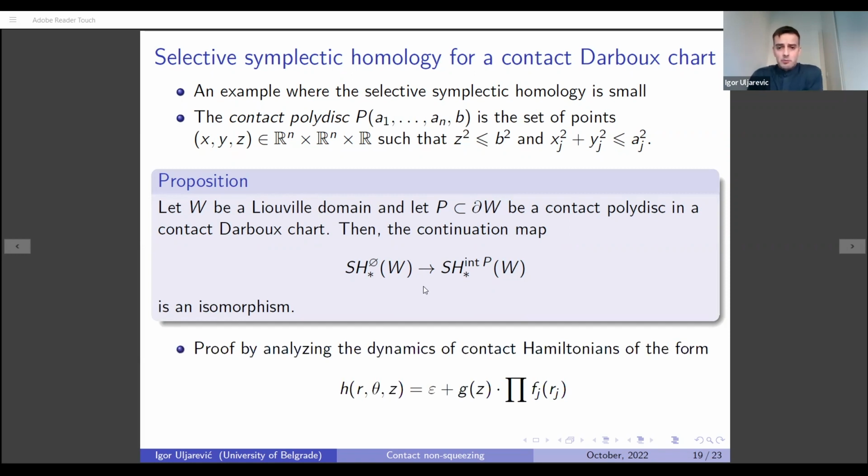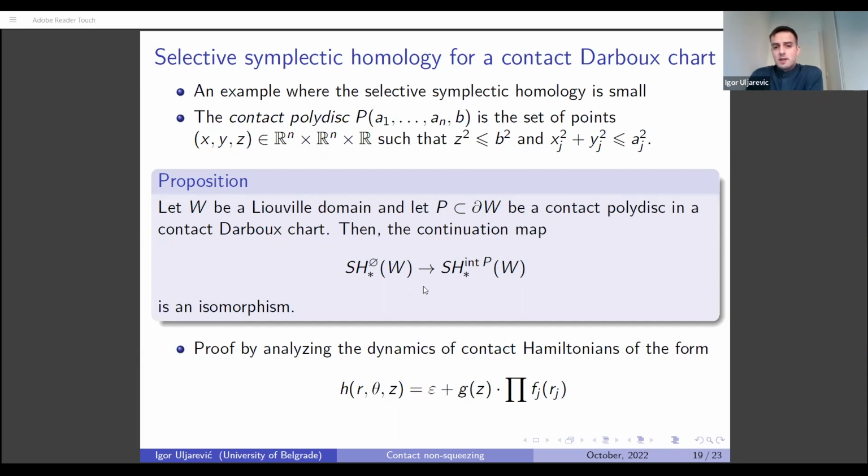So the proof of this proposition is by analyzing the dynamics of the contact Hamiltonian of the following form. Here, R has n coordinates, and theta also has n coordinates. R_j and theta_j are polar coordinates in the x_j, y_j plane.